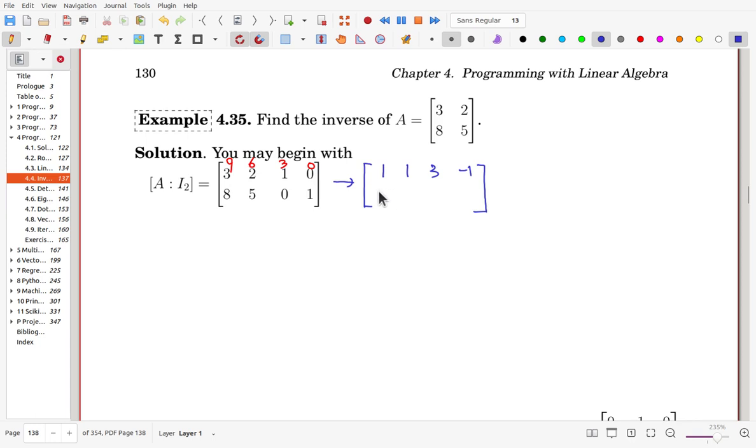And then we put here the second row, 8, 5, 0, 1. That's a kind of replacement. Now from here, we can eliminate the second row without introducing non-integer values, using 1, 1, 3, minus 1. Eight times subtraction, which will be 0.